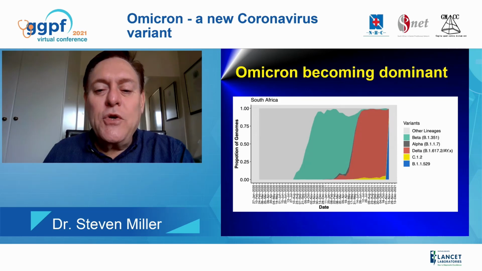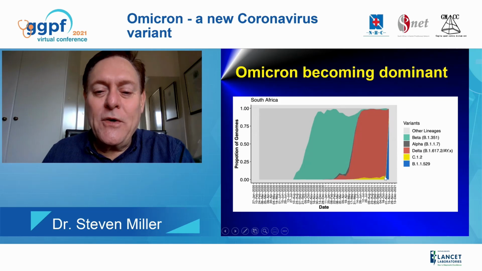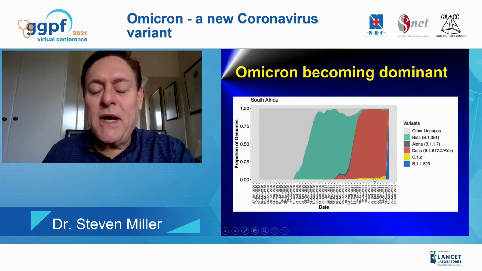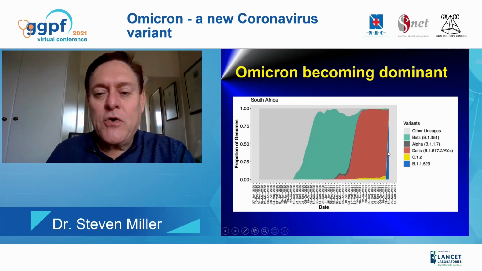You may remember in the local news there was a little bit of a flutter about something called the C1.2 variant, shown here in yellow. We saw a few cases of that. We never thought it would become important, and it didn't. But look what's happened in the last 2 weeks. Almost all of the genomes that we're sequencing are now Omicron.